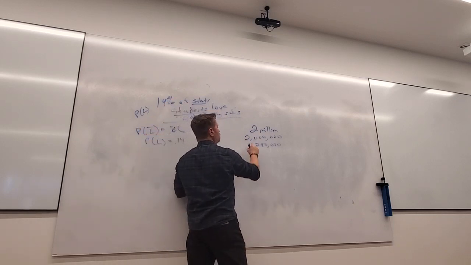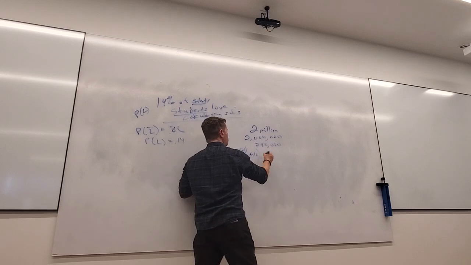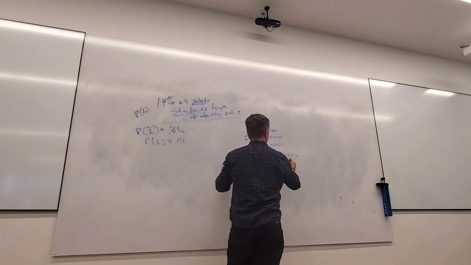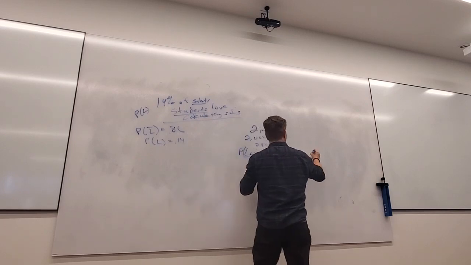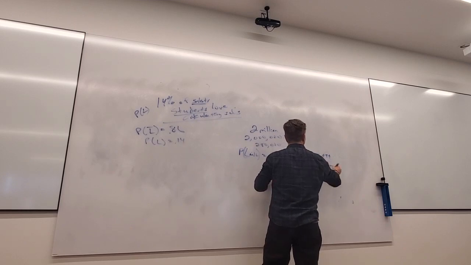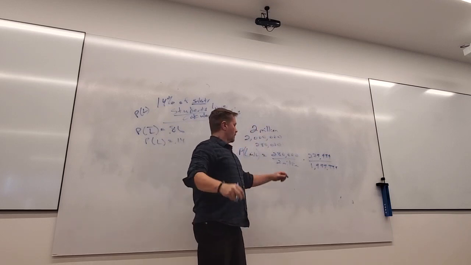So if I picked 2 people, and I wanna know the probability that both of them love it. Love and love. I do not have to do 280,000 out of 2 million times 279,999 out of 1,999,999. I do not have to do that. Somebody help me out, please.